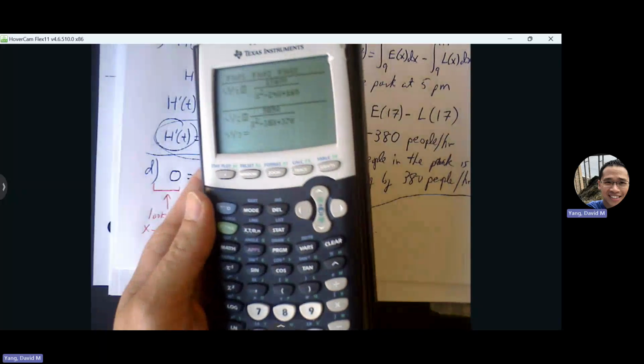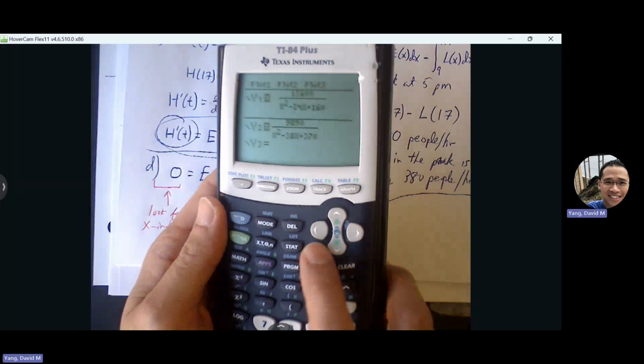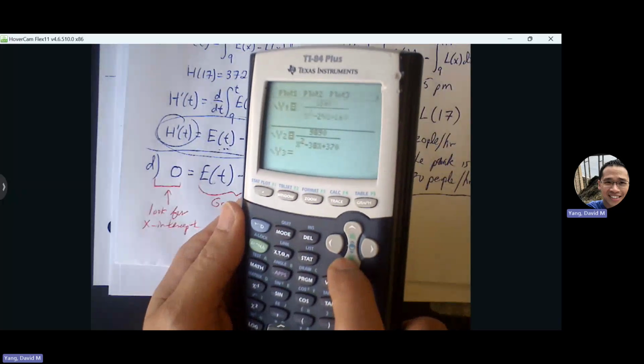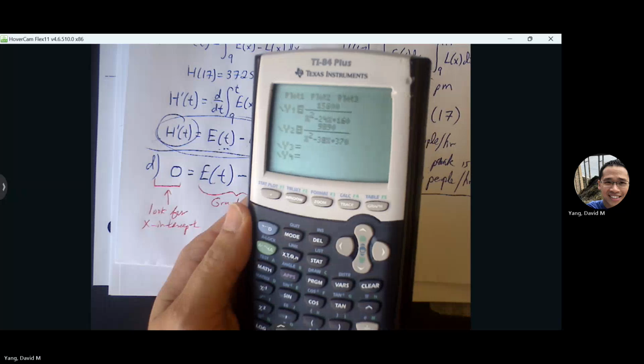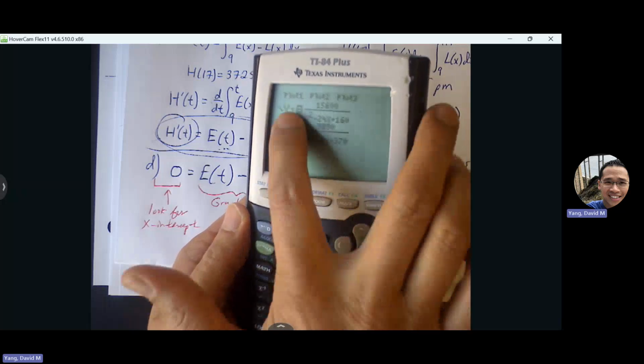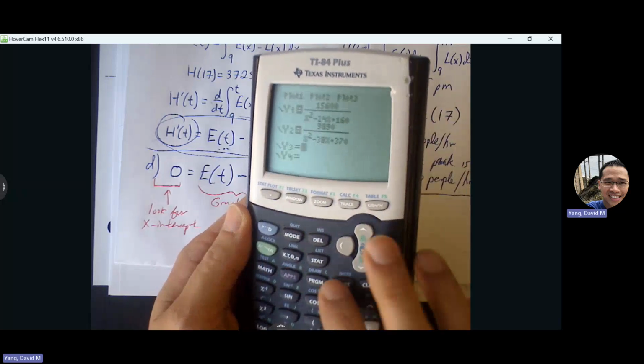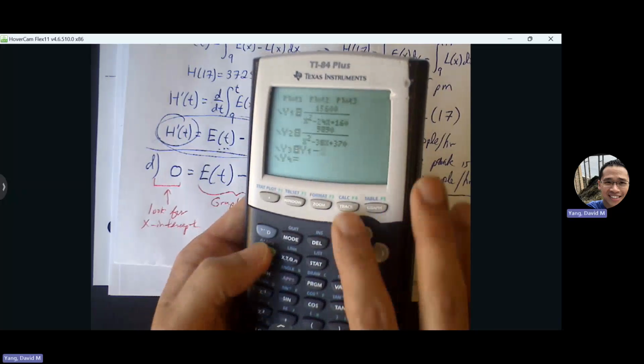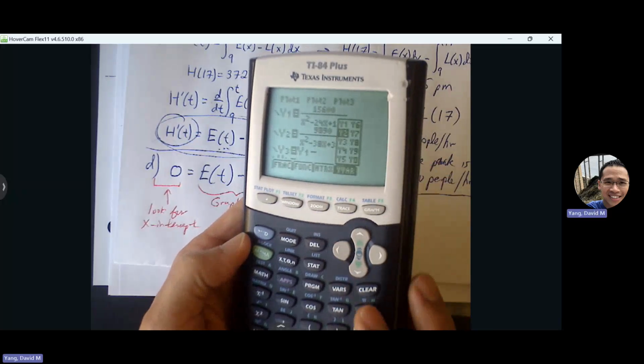So I'm going to create a y sub 3 where I just do y sub 1 minus y sub 2. I would rather not have to retype everything over again. Under y sub 3, I don't want to erase the others, so I'm going to say alpha trace y1 minus alpha trace y2.